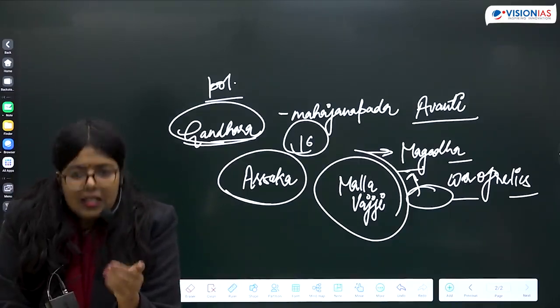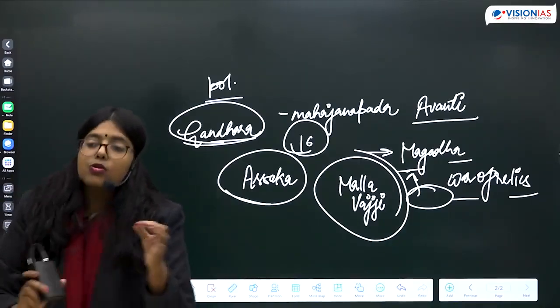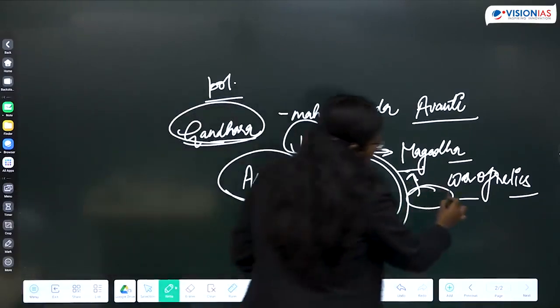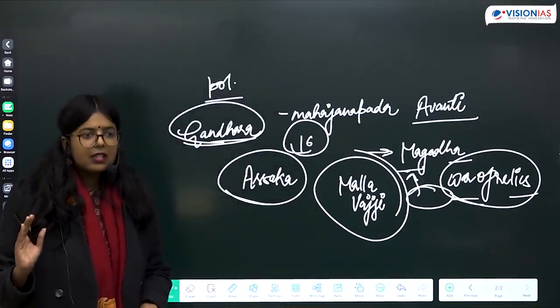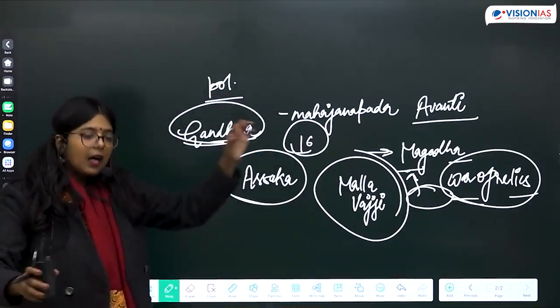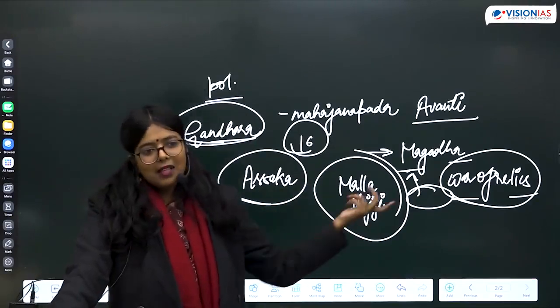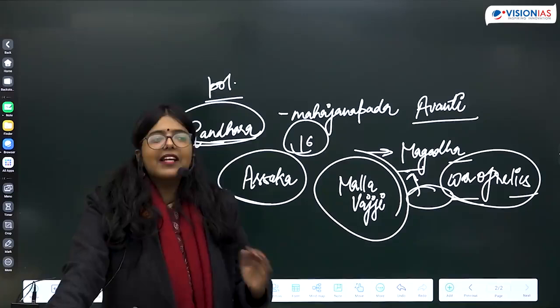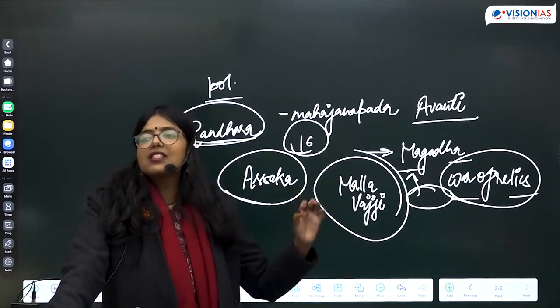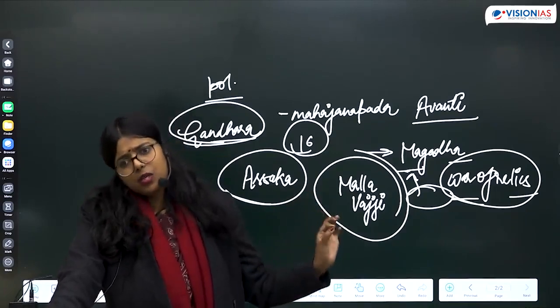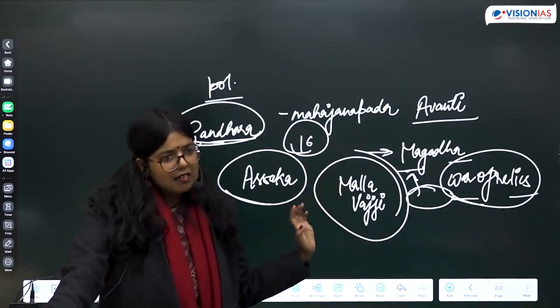It became of cultural importance. So the war of relics happened, led by the Magad ruler Ajat Shatru. Ajat Shatru and his team won this war, and then the relics were divided. This is a war which was culturally very important. Where was it fought? Kushinara.